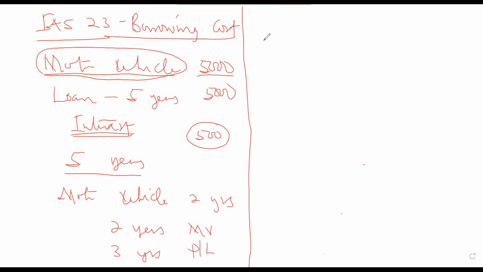Why are we saying that the 2 years will go to the motor vehicle? Because the loan is for 5 years, but within the 5 years we worked on the motor vehicle for 2 years before it was ready. Since we took the loan because of the motor vehicle, the 2 years of interest can be added to the initial cost of the asset.